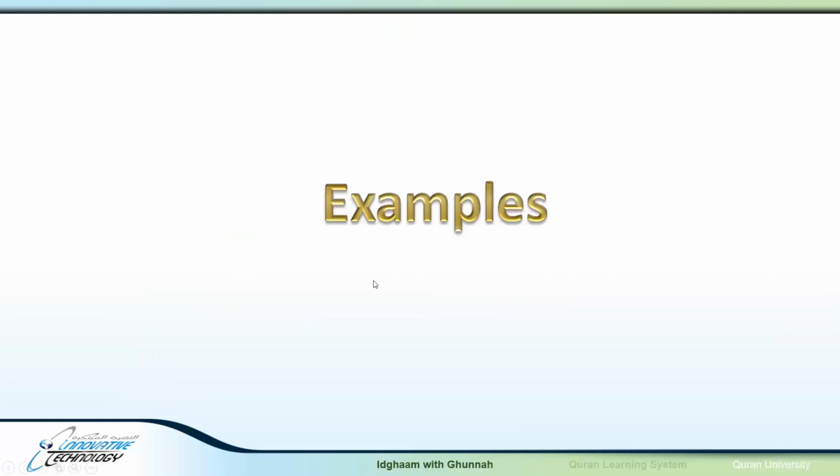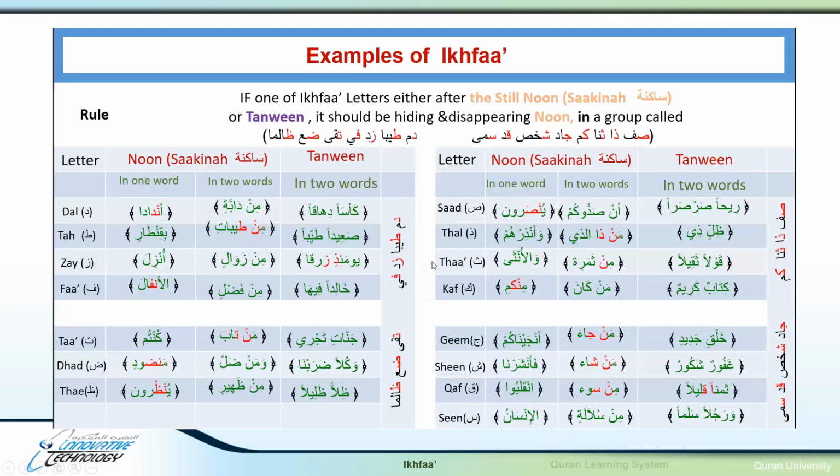We'll proceed now to many more examples that will make you understand Ikhfaa on a practical basis. These are the examples. As we said, the Ikhfaa letters are: sad, fa, dhal, tha, kaf, jim, shin, qaf, sin, dal, ta, za, fa, ta, dad, dha. So these letters in red at the beginning of these words are the Ikhfaa letters.